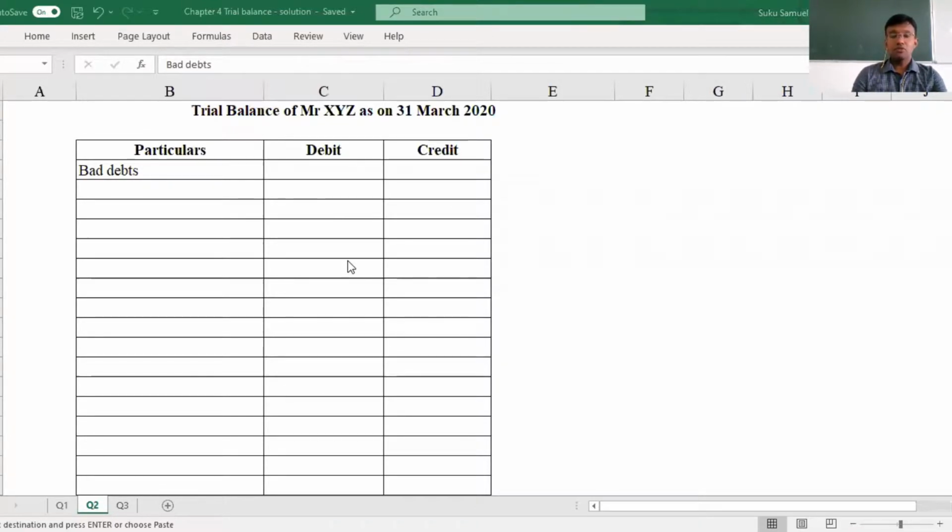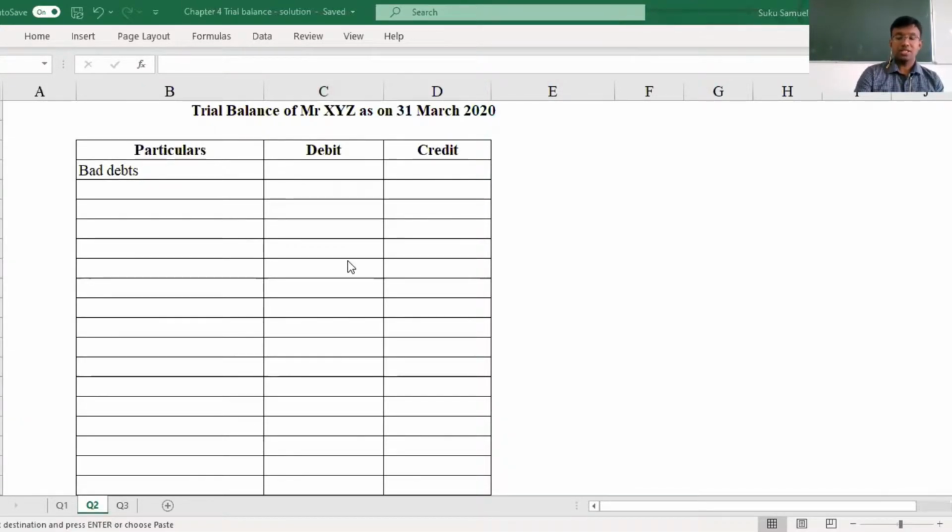But now that the person refuses to fulfill his obligation, we know for sure that we are not getting the money back. Now that we have 100% confidence that we are not going to get the money back, this kind of a debt is called a bad debt. So bad debt is a debt where the person is refusing to pay back the money to you.